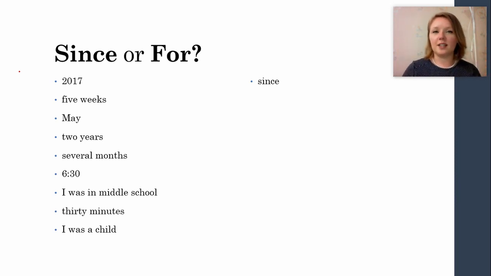Since 2017. I have been learning the piano since 2017. Next, we see 5 weeks. Is 5 weeks a point in time or a length of time? It's a length of time, so we use for. I have been reading this book for 5 weeks.